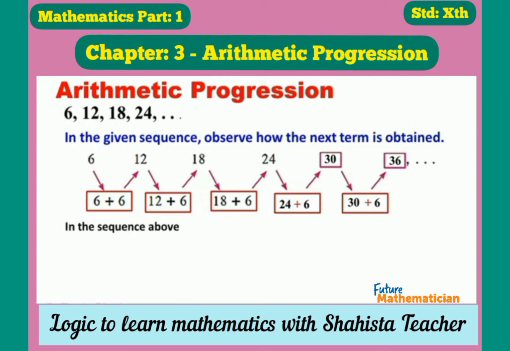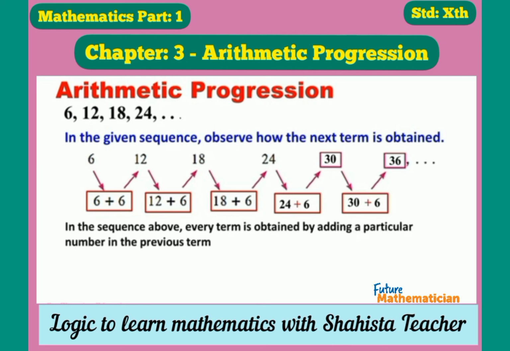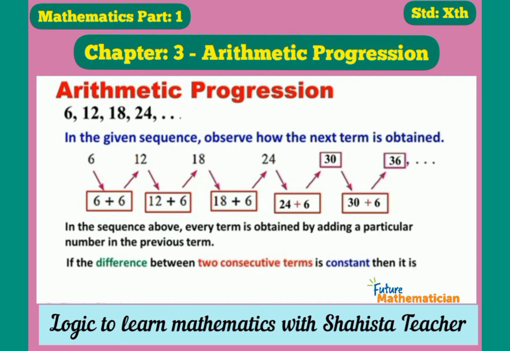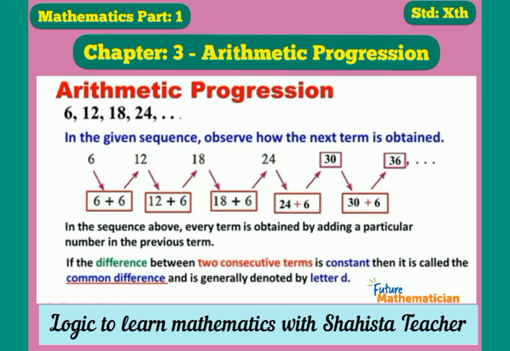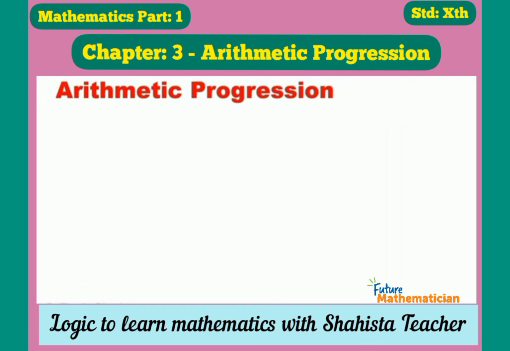So simple. Yes, in this sequence above, every term is obtained by adding a particular number to the previous term. So if the difference between two consecutive terms is constant, then it is called the common difference and is generally denoted by the letter D. Okay, the common difference is the same for all, that is constant, that is 6. 6 plus 6 is 12, again 12 plus 6 is 18, again 18 plus 6 is 24, same like that.